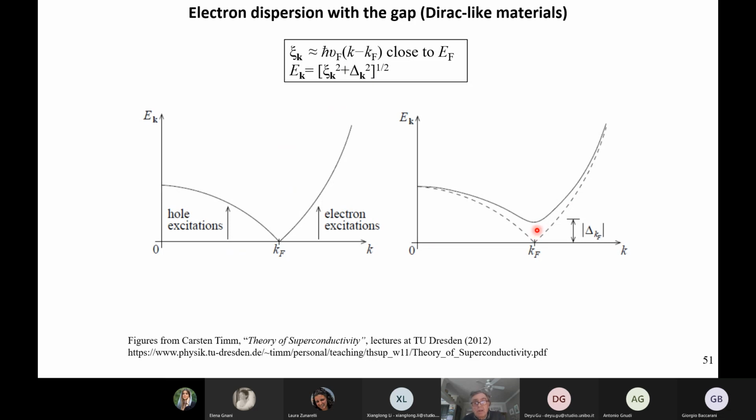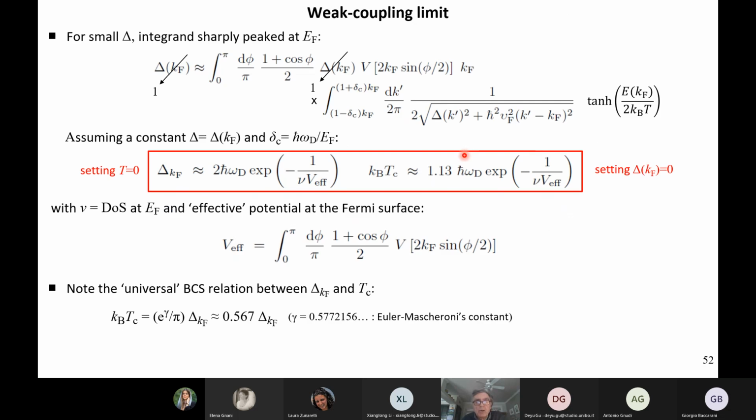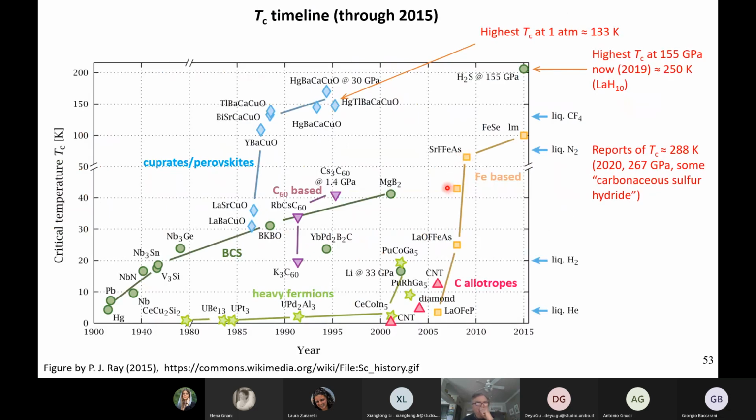If this gap is bigger than kT, thermal excitations do not destroy the coherence of this mode, and these are just pairs that keep moving, and so they carry charge without any scattering being possible. Only when you increase the temperature or give the system an energy bigger than the gap can you destroy this coherence. That explains the superconducting behavior.